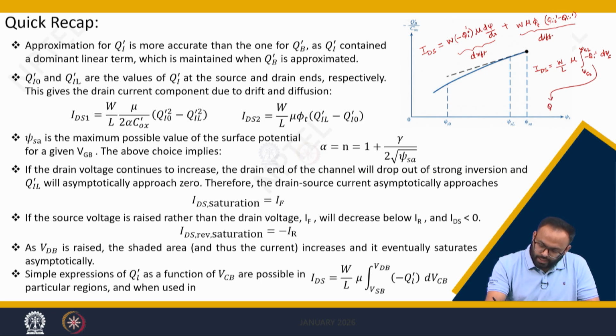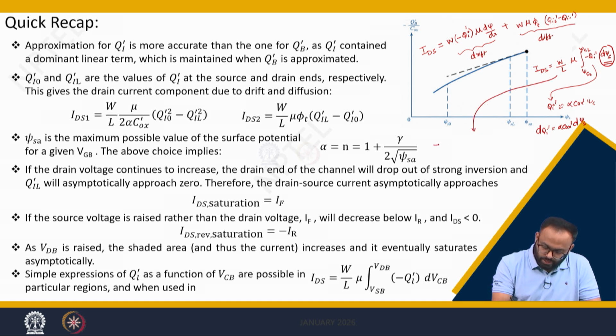We considered that q I dash can be approximately linearized as alpha into C ox dash into psi s in strong inversion, and hence we can simply replace d q I dash is equal to alpha into C ox dash into d psi s, which is a function of psi s instead of q I.